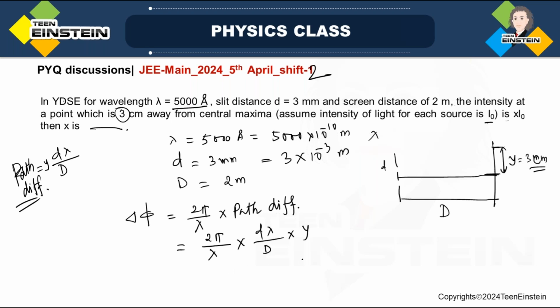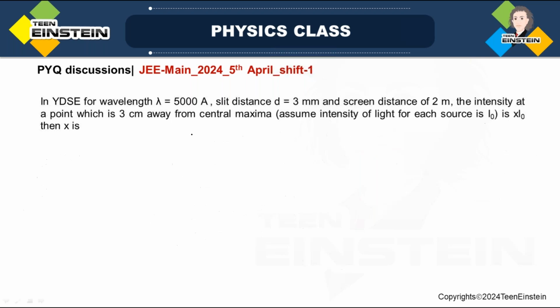So 2 pi by lambda we can actually cancel out. I'm sorry guys, I have done a small mistake over here. The path difference is not lambda.